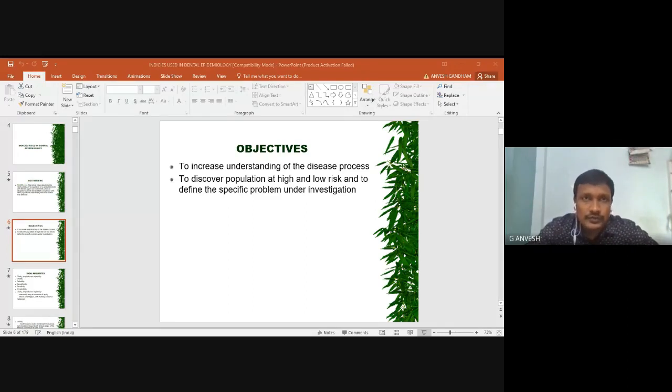Or if 10 members screen the same patient with the same index, the index should give the same result for all who have examined. This is called reliability. It should measure consistently at different times and under a variety of conditions.